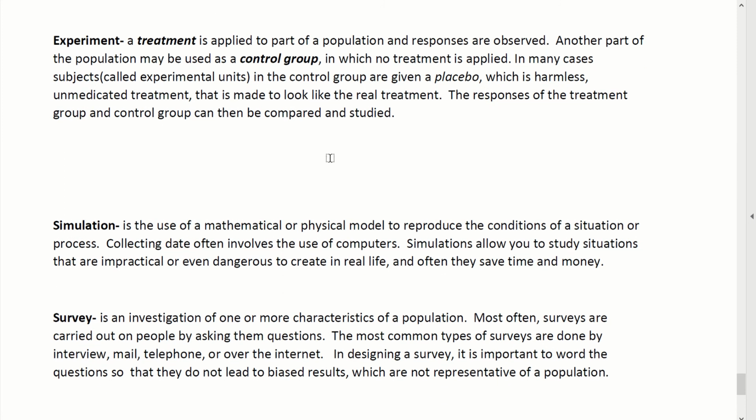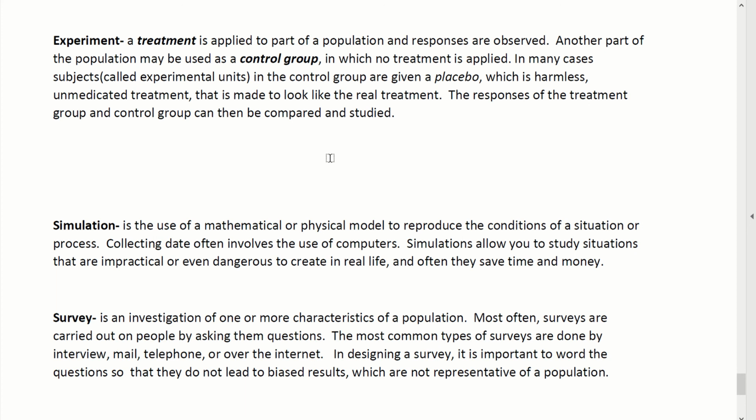In an experiment, we have a treatment that is applied to part of a population, and the responses are observed. Another part of the population may be used as what's called a control group, in which no treatment is applied, and in many cases, especially in medical research, we have yet a third group, which is called a placebo group.